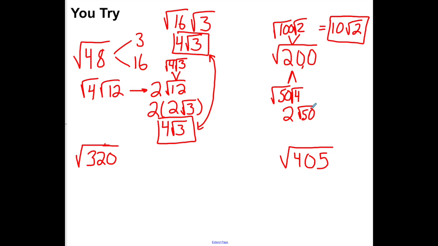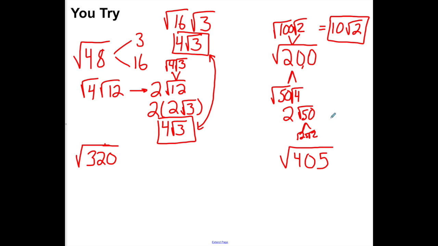But you can't leave it like that, because then you've got to check and see, wait a minute, can we break down 50? And 50 can be broken down as 25 and 2.